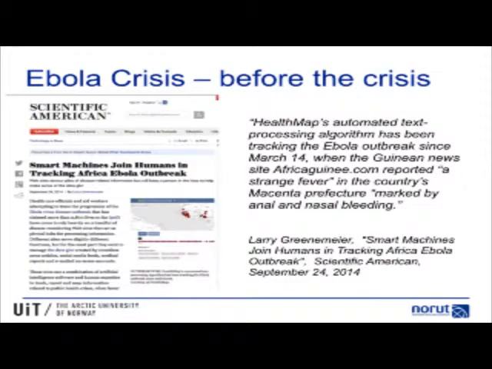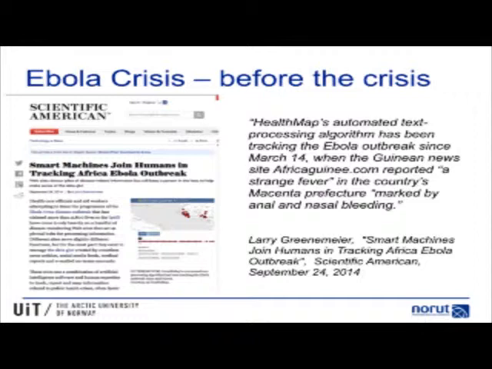As you can see in this slide, it was quite long before the official announcement of the Ebola outbreak that they identified in one Ghanaian newspaper people reporting about a disease that was provoking bleeding, nasal bleeding, etc. That was the beginning of the Ebola outbreak, and it was long before the health authorities announced it.